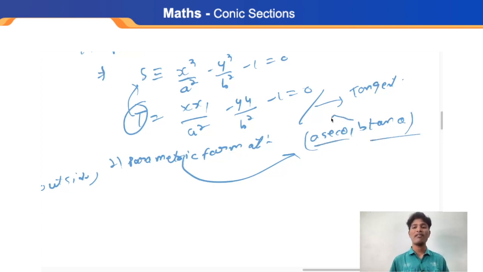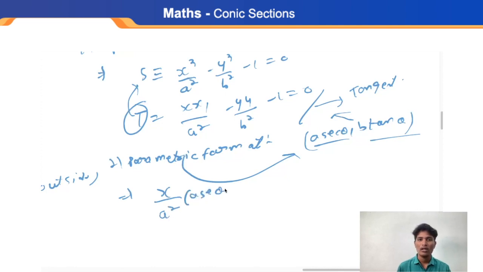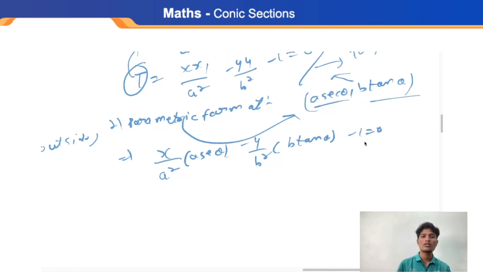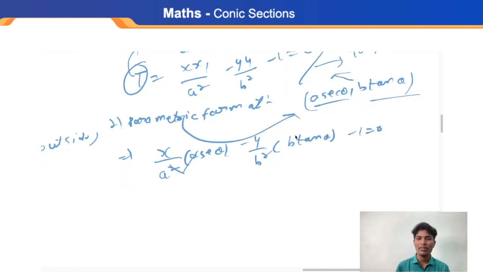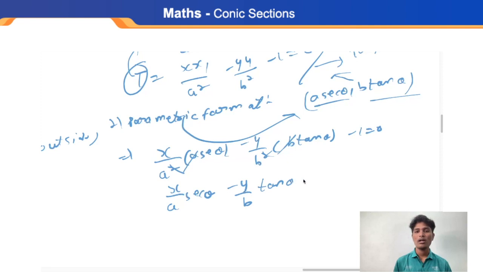You can substitute and verify. The parametric form will be: substitute here, you will get x by a square into a secant theta minus y by b square into b tan theta minus 1 is equal to 0. Here a will get cancelled, b will get cancelled. I will get x by a secant theta minus y by b tan theta minus 1 is equal to 0. Yes, this is the parametric form.